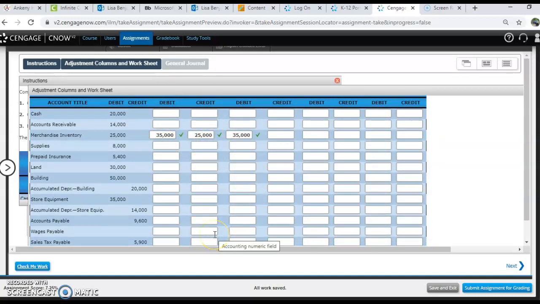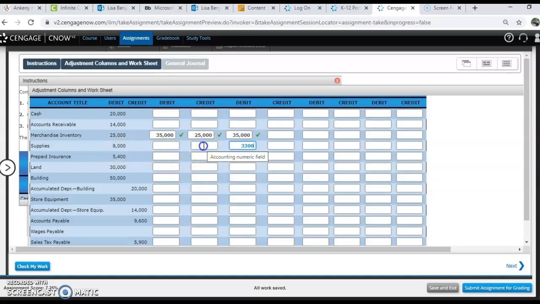C adjustment is nothing new. We're just adjusting for supplies used. We started out with $8,000 in supplies. They tell us we have $3,300 remaining, so they are giving us our ending. We subtract the $3,300 from the $8,000 to get an adjustment of $4,700.